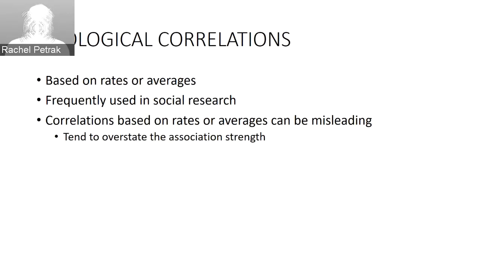It just is not the reality in publishing in our current state of academia. So ecological correlations are troubling, and you'll encounter them a lot in research that you read. So keep that in mind when you're reading research where you see a correlation that includes a rate or an average, and then you should take their data with a grain of salt, so to speak.